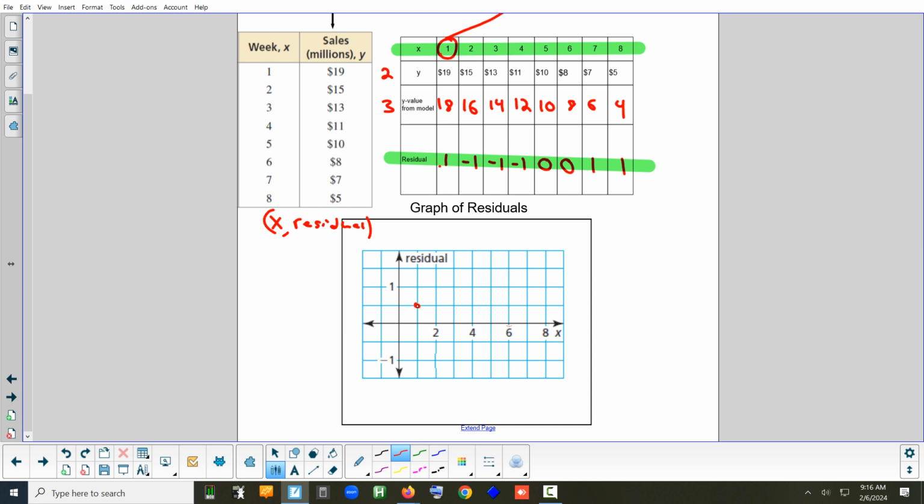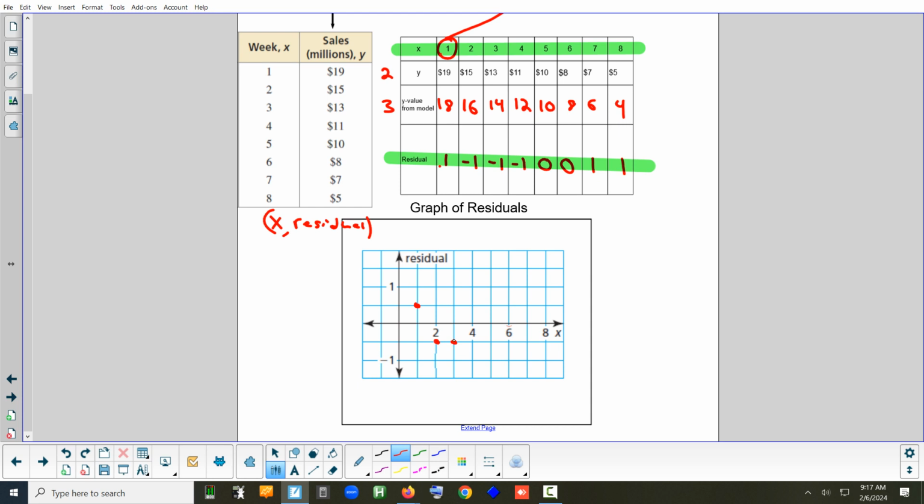Okay. The next point, x is 2, and the residual is negative 1. 2, down 1. Okay, what's the next point? 3, negative 1. 3, negative 1. Yep.